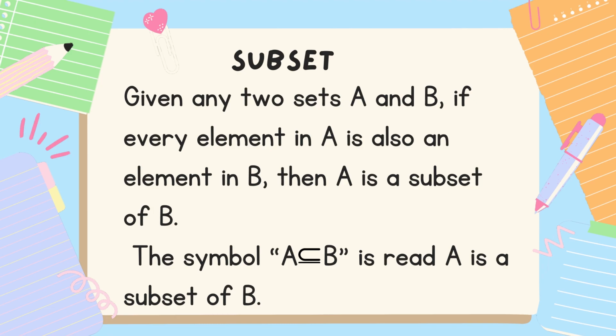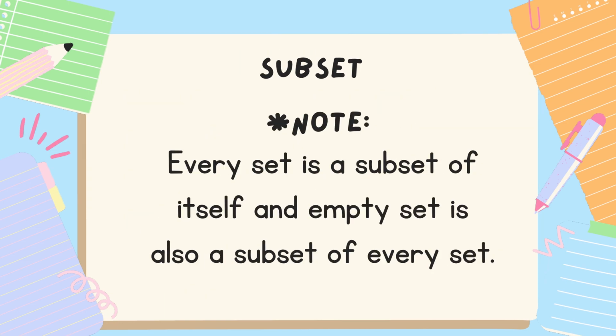Given any two sets A and B, if every element in A is also an element in B, then A is a subset of B. The symbol for subset is the letter U, which opens to the right and with a line below it, which is read as A is a subset of B. We have to take note also that every set is a subset of itself, and an empty set is also a subset of every set.